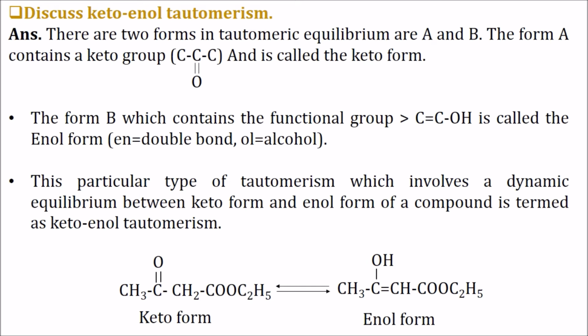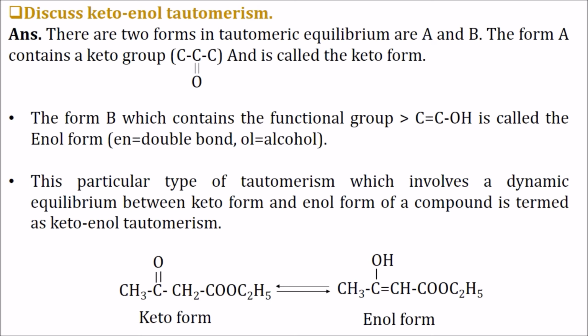Enol contains two functional groups: 'en' means the presence of a double bond, and 'ol' means the presence of an alcohol, so the combined word is enol. This type of tautomerism, which involves a dynamic equilibrium between the keto form and the enol form of a compound, is termed keto-enol tautomerism.